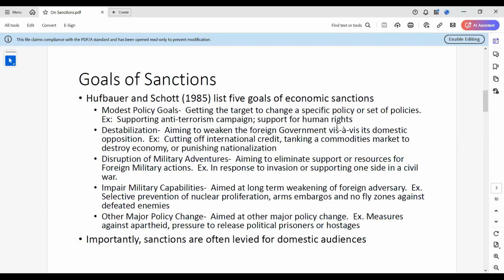Also tanking commodities markets to destroy the economy, like what Nixon did with the tin market in Bolivia in the early 1970s. Bolivia had tin mines, and they rely on high international commodity prices to get any kind of income for their country, because they're almost completely reliant on tin for export and acquiring hard currency.